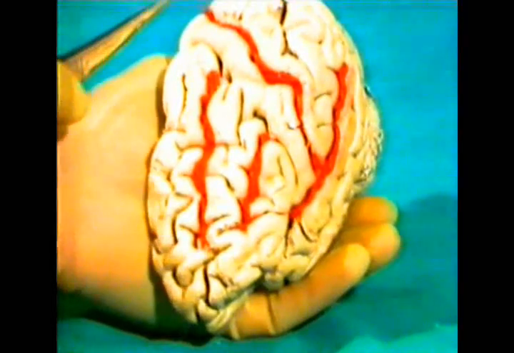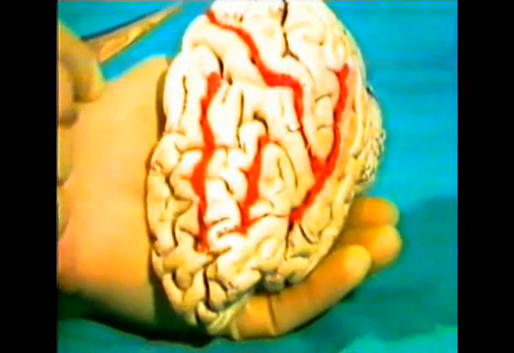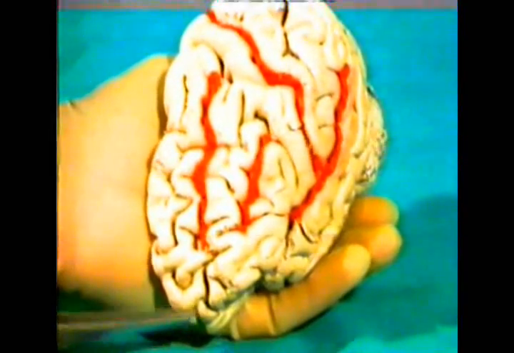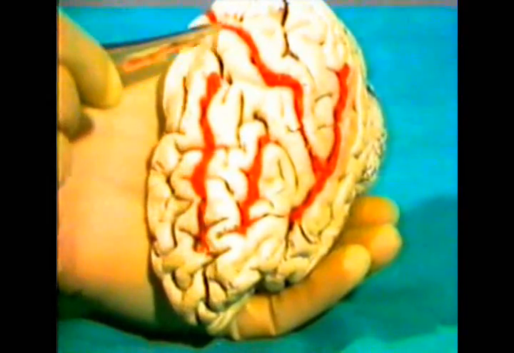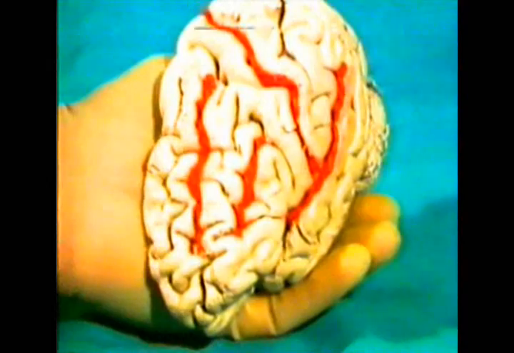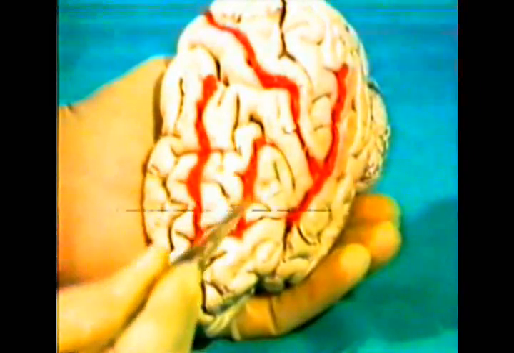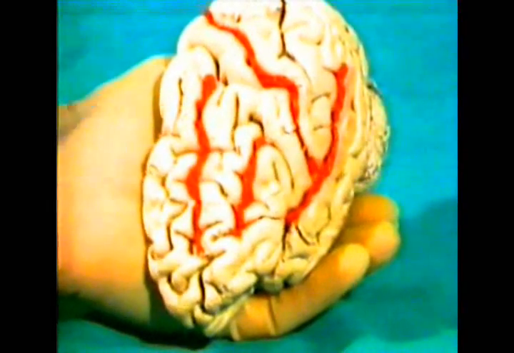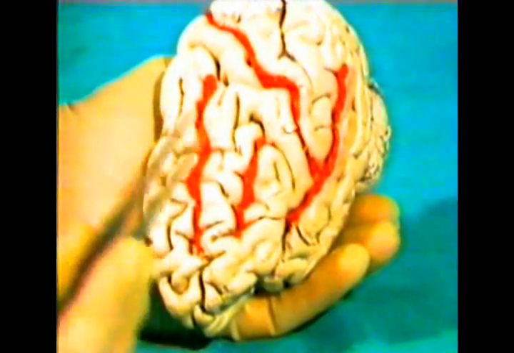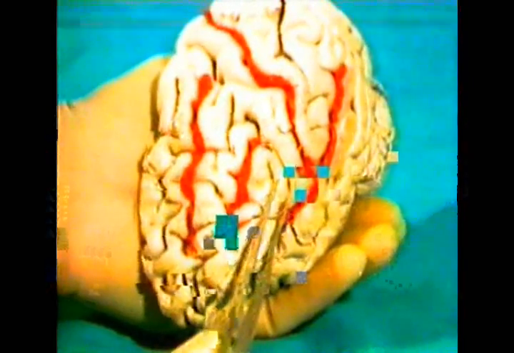The frontal lobe is bounded by the frontal pole anteriorly and the central sulcus posteriorly. It is divided by two horizontal sulci into three frontal gyri: superior frontal, middle frontal, and inferior frontal gyri.